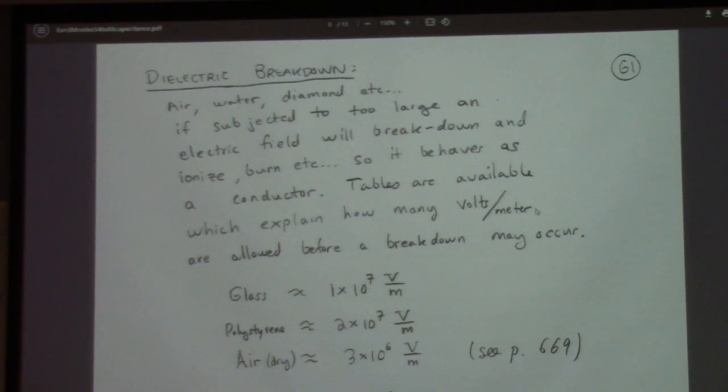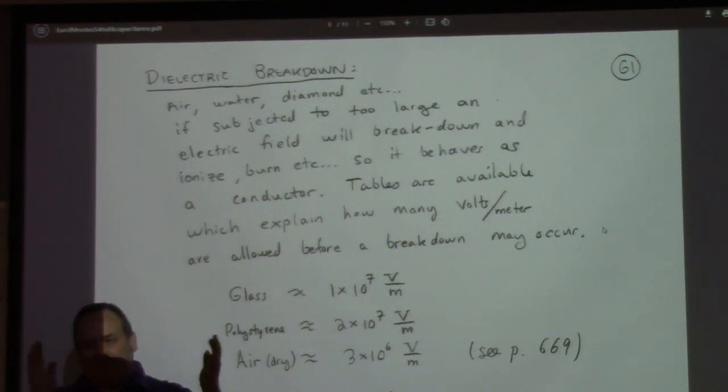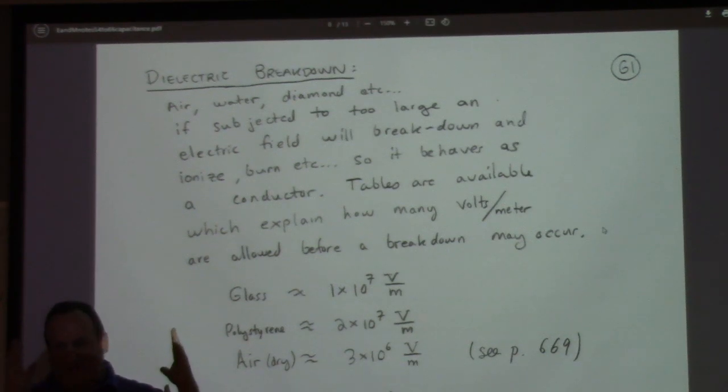Of course, that does lead to other questions and nice homework problems in terms of dielectric breakdown. Do you guys know what dielectric breakdown is? As long as we're talking about dielectrics, let's break it down. This is the maximum voltage per meter you can have without the electrical energy just vaporizing what's between there.